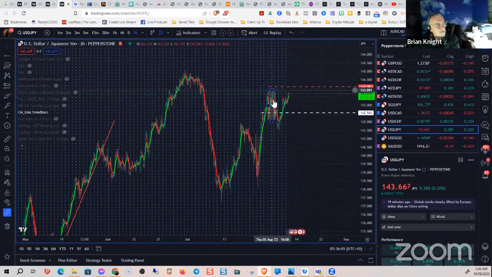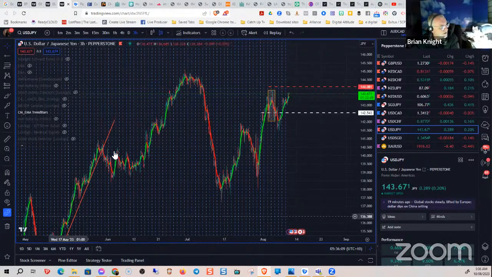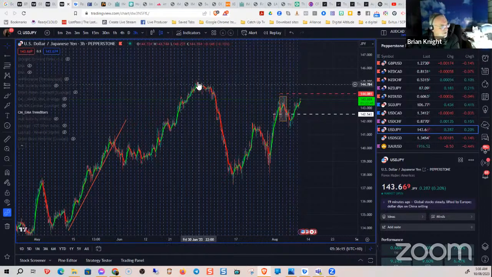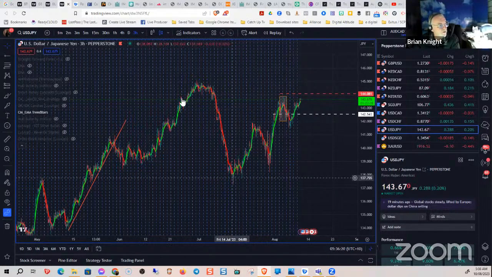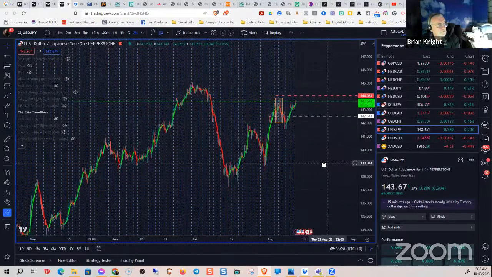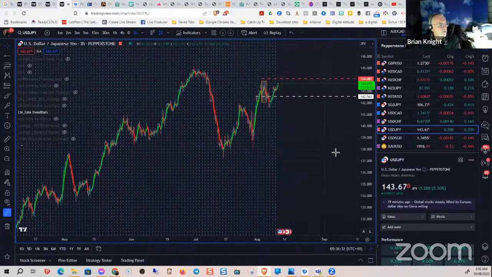The point is, it came up here, then down. It could break this high here, because you can see it's been in an uptrend for a period of time, other than this push from June the 30th down to July the 14th. That was a big push down, right? So we will see.